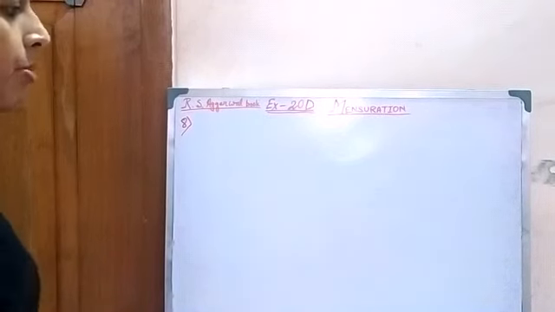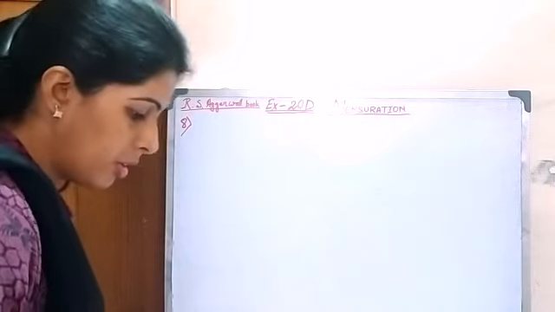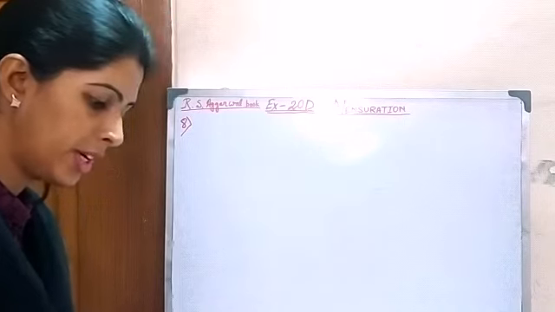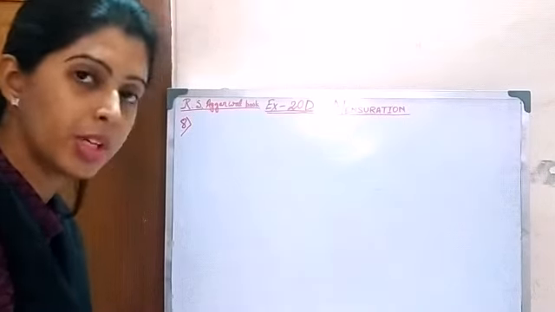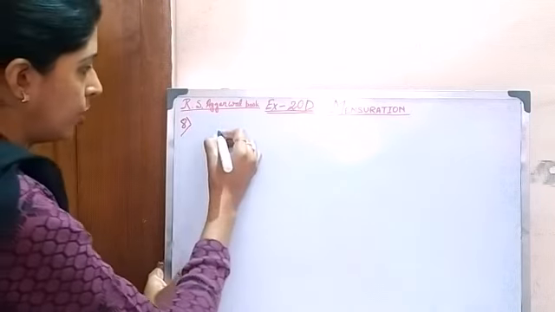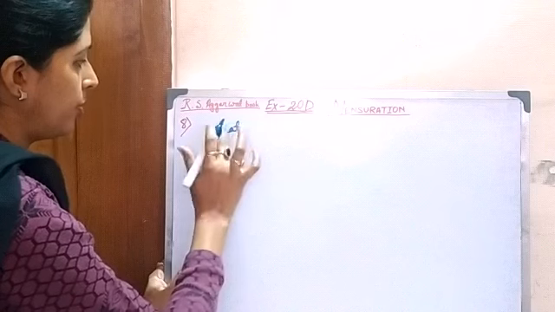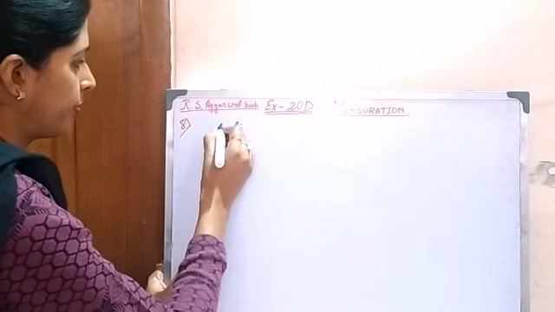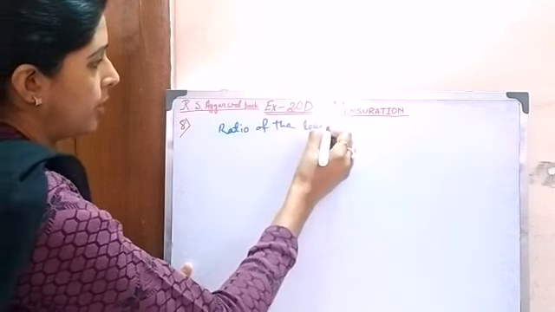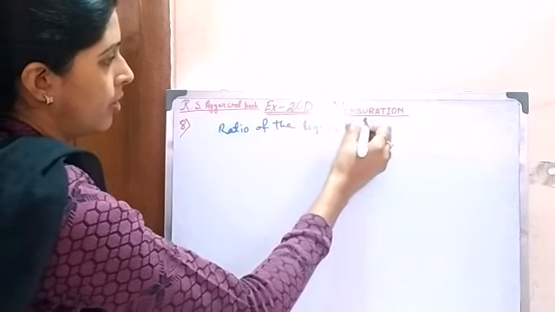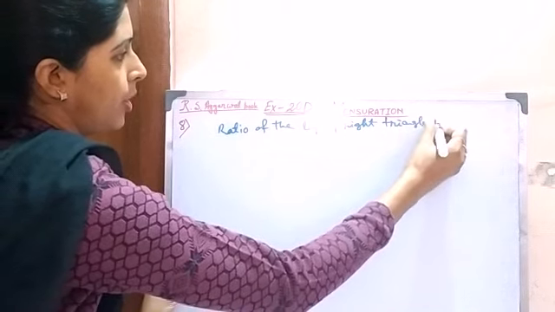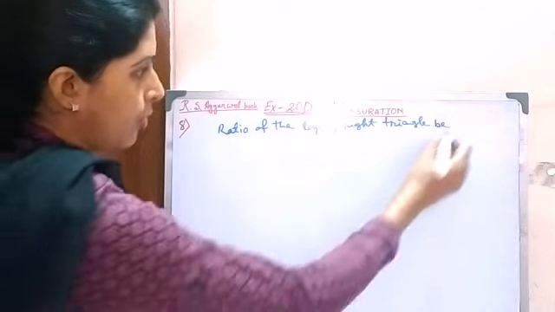Now come to question number 8. The legs of a right triangle are in the ratio 3:4 and its area is 1014 centimeter square. Find the length of the legs. Okay. So let the ratio of the legs of the right triangle be 3:4.